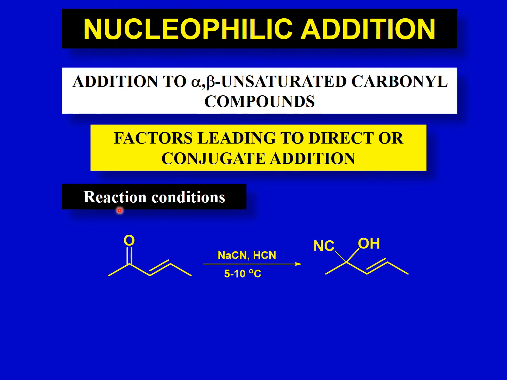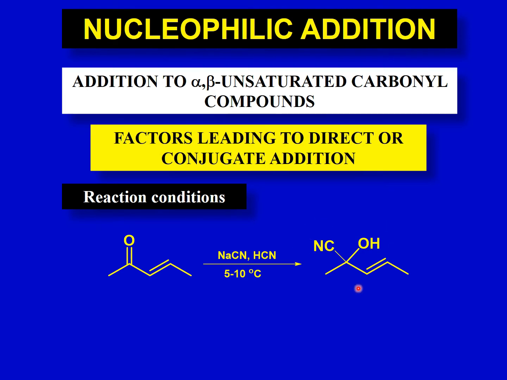Reaction conditions primarily mean the temperature at which you are performing the reaction, or the pressure. So here we are concerned with the temperature. If you keep the temperature low at 5 to 10 degrees centigrade using sodium cyanide as the nucleophile, what you see here is that we get a cyanohydrin as a product.